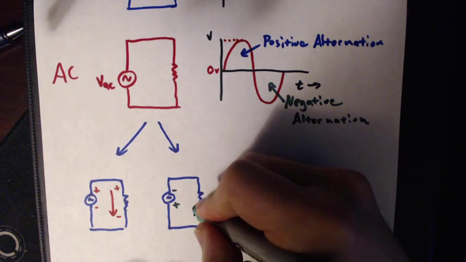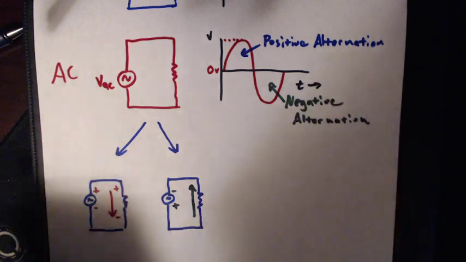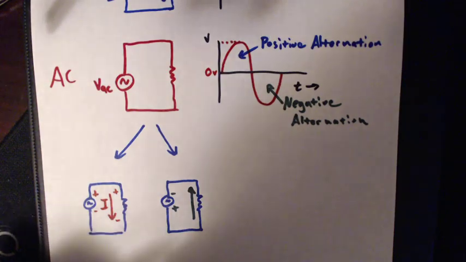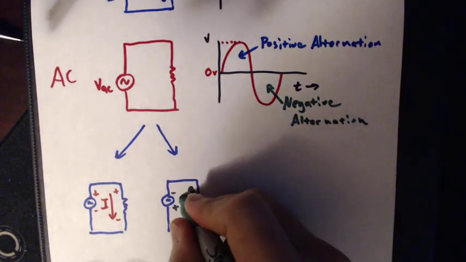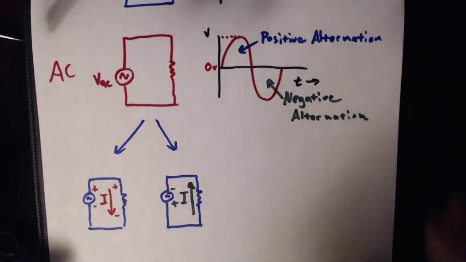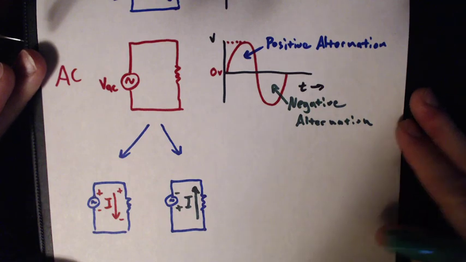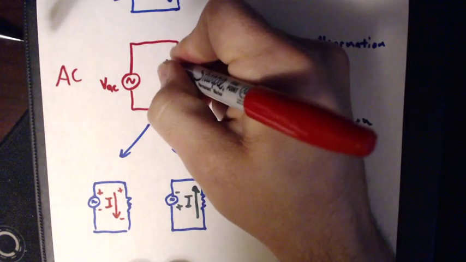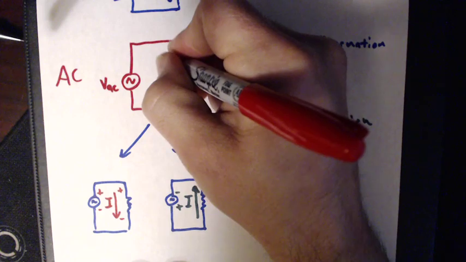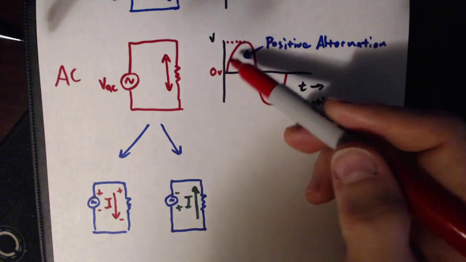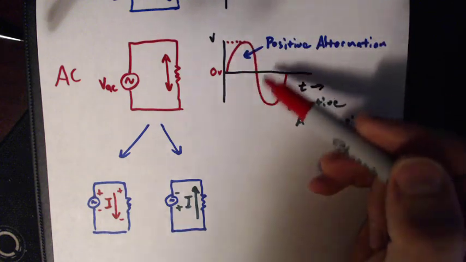And now you can see the current is actually going up. So when we look at our original AC circuit, half of the time the current is going in one direction and the other half of the time it's going in the other direction, depending on whether we're in the positive alternation or the negative alternation.